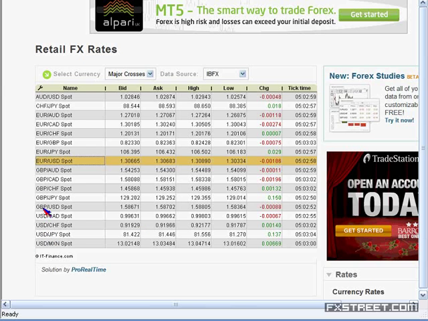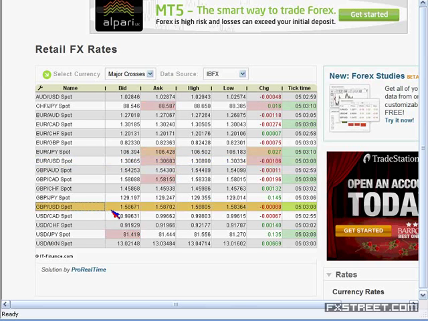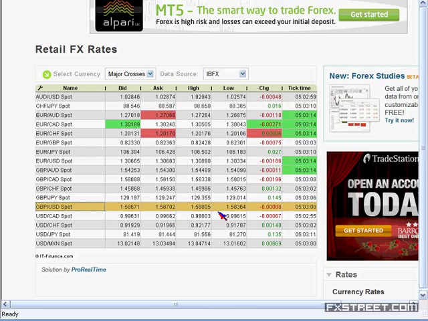Then in the case of GBP, these are all spot rates. It is currently trading around 1.5867, 1.5870, 1.5880 is the high, 1.5836 is the low, and 8 pips negative net change is seen. So when compared to euro, GBP has made lesser dip.